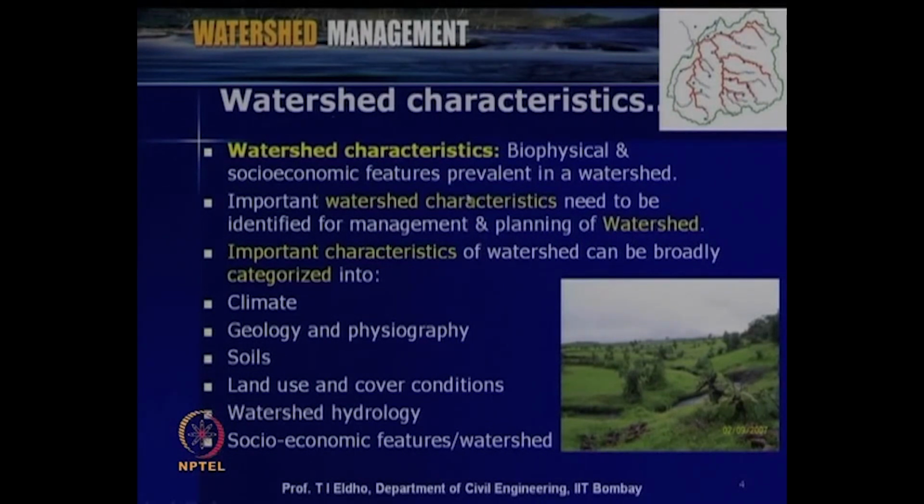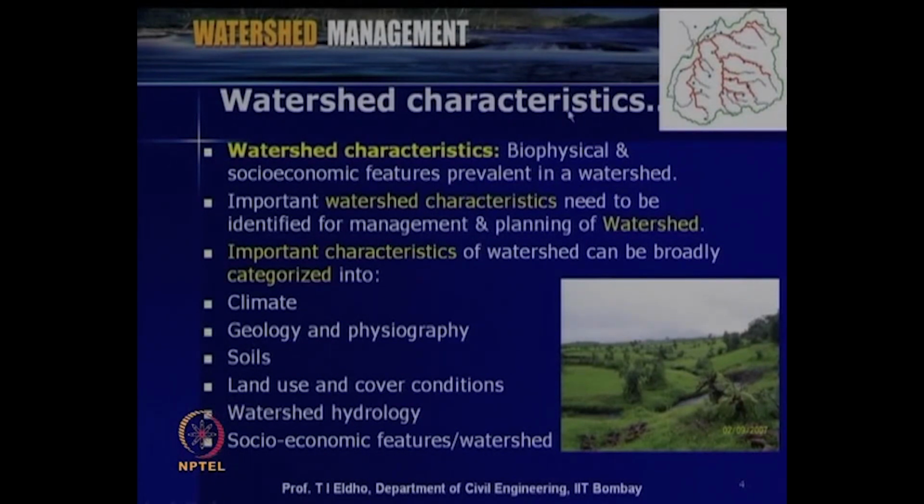We have seen many characteristics as far as watershed is concerned. These characteristics we can broadly classify or categorize into climate related characteristics, geology and physiography related characteristics, soil related characteristics, land use and land cover conditions, then watershed hydrology, and then socio-economic features of the watershed.